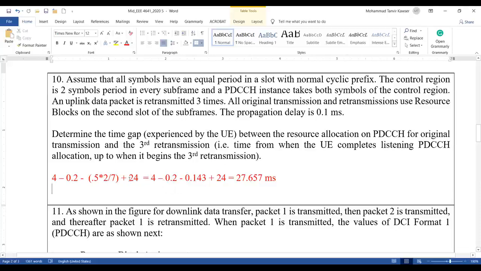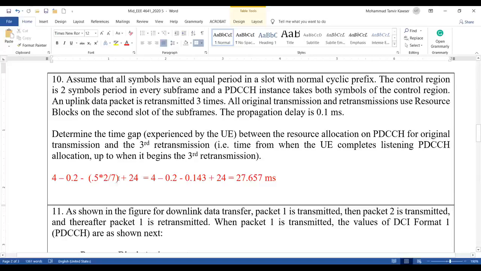So there is always an 8 millisecond time gap, and it is fixed in the case of uplink. It is synchronous. So once you find out when you begin your original transmission, you can just add 24 to that, 3 times 8 milliseconds, to find out when you begin your third retransmission.